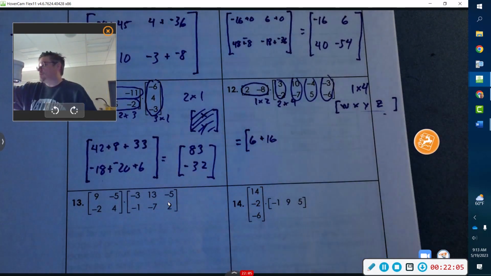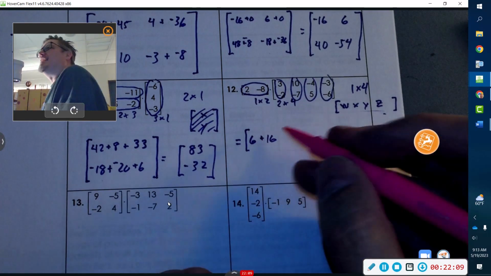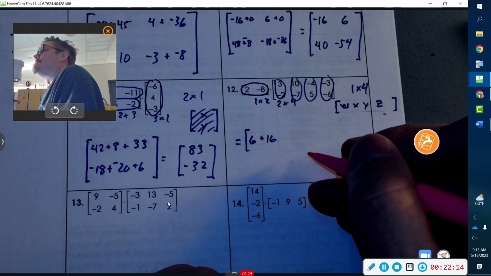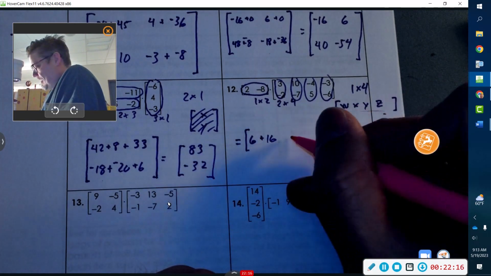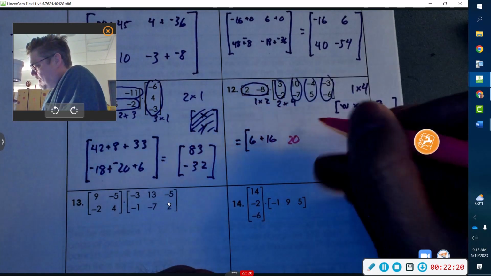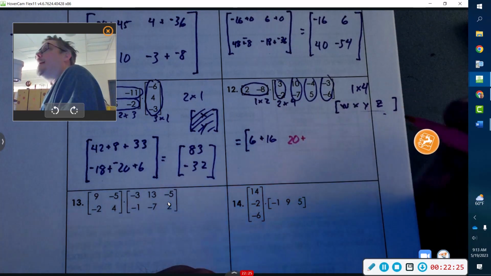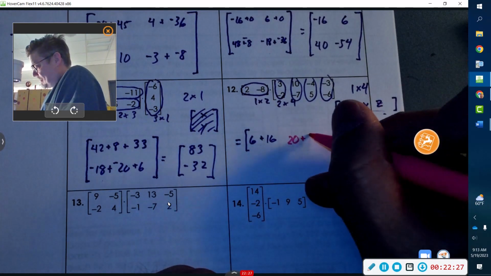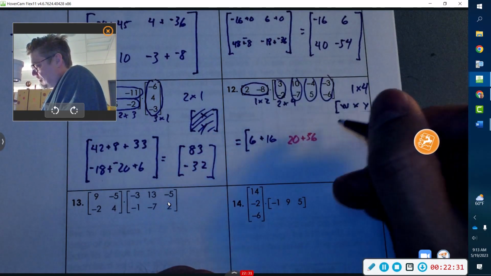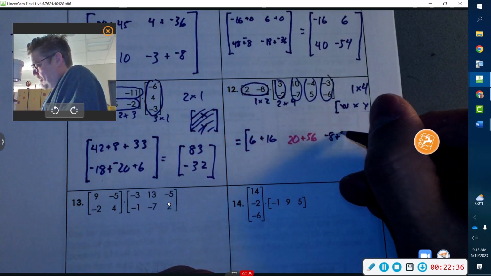I'm going to switch my colors here, so I don't want it to bleed together. What's the next one? What makes sense? 2 times 10. Yes, 2 times 10. In fact, now I'm going to just put 20. 20 plus 56, yes. I'm going to switch colors again. 2 times negative 4, negative 8 plus, yep, negative 40.